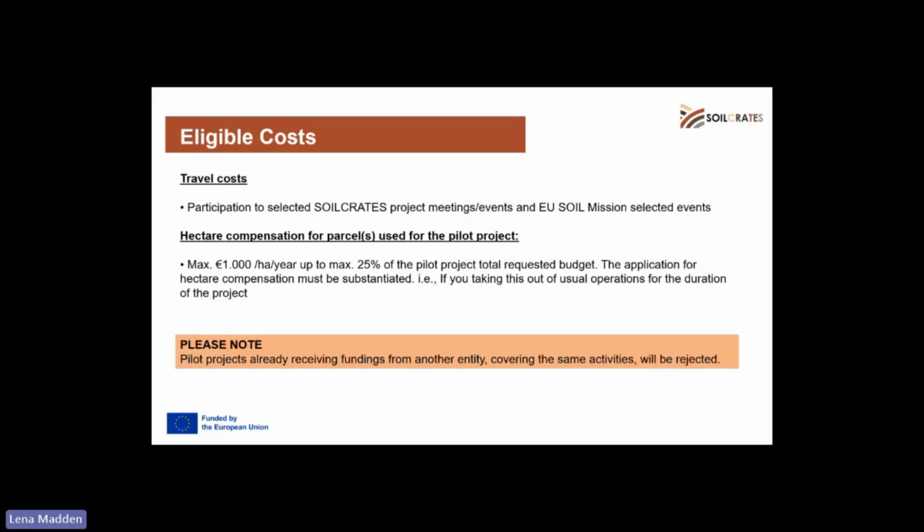Hectare compensation for the parcels, for the plots, at maximum €1,000 per year per hectare, and that cannot exceed 25% of the overall project cost, project budget. And if you're receiving funding from another entity covering the same activities, this cost would be rejected.